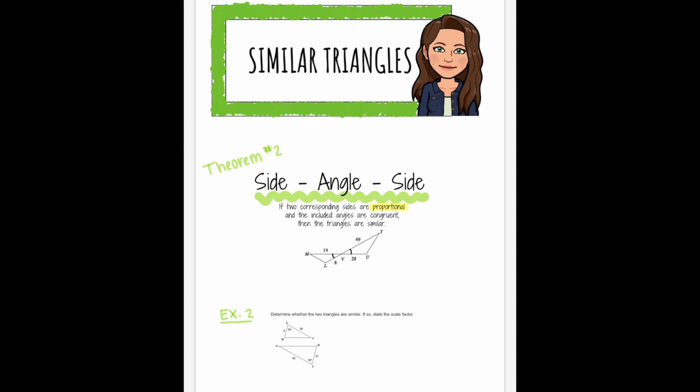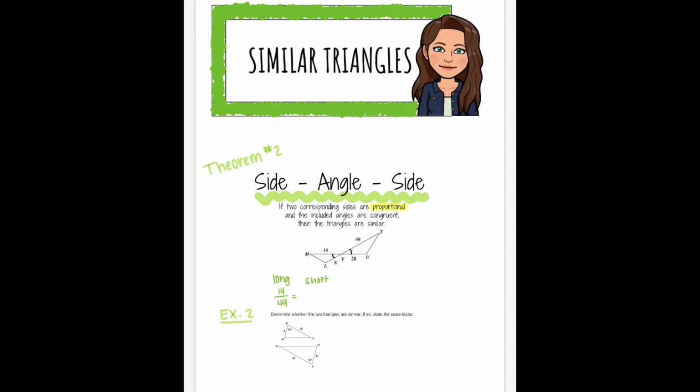Now we can check to see if the longest sides and the shorter sides are proportional. The long side for the triangle on the left is 14.